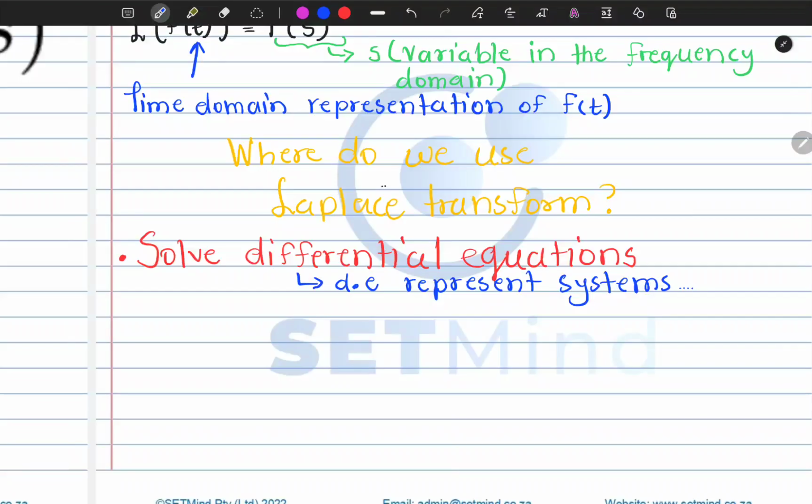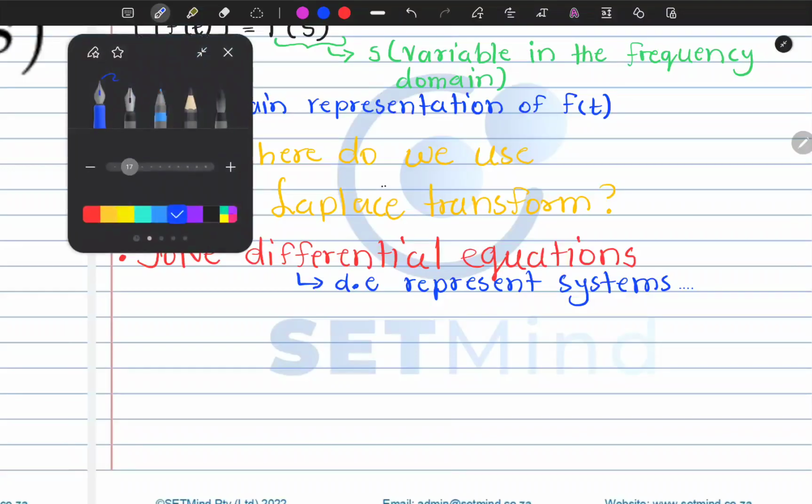Someone would have done some modeling and then ended up with a differential equation, and then they solve for whatever input or output.